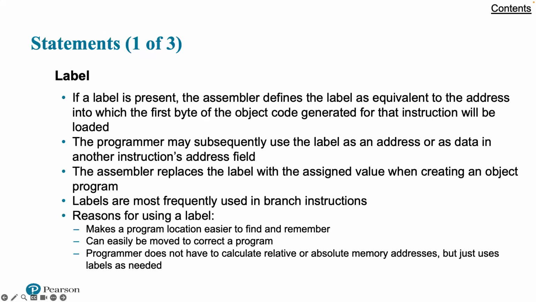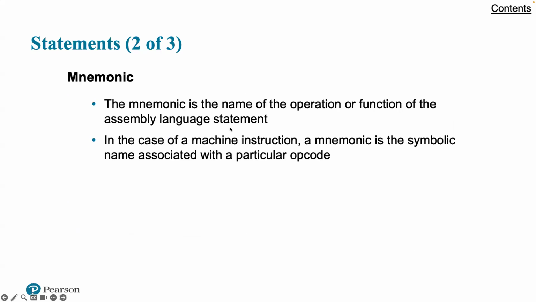So then we have some more details of each one of those. The label is the equivalent of an address, and so you can branch to that. And that's going to be a helpful thing. The mnemonic is where you specify what you're going to be configuring your computing environment to do.